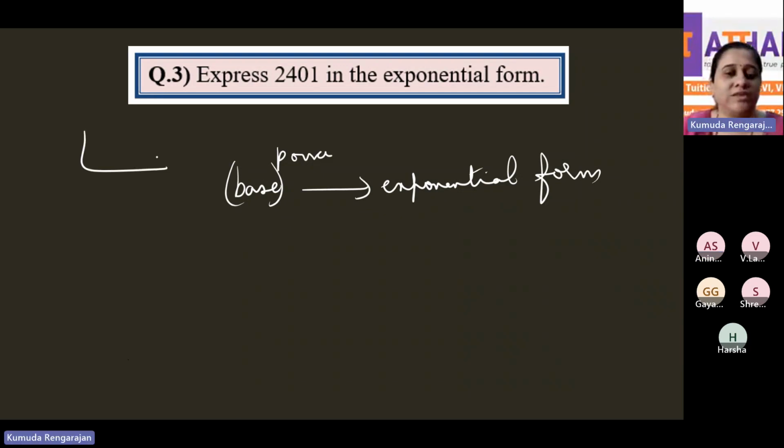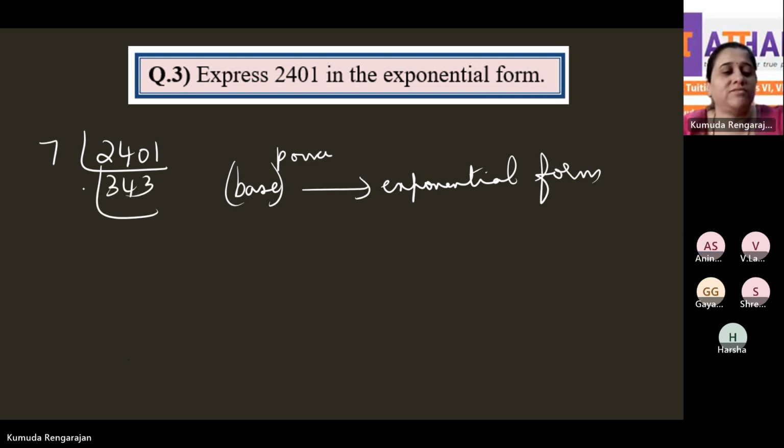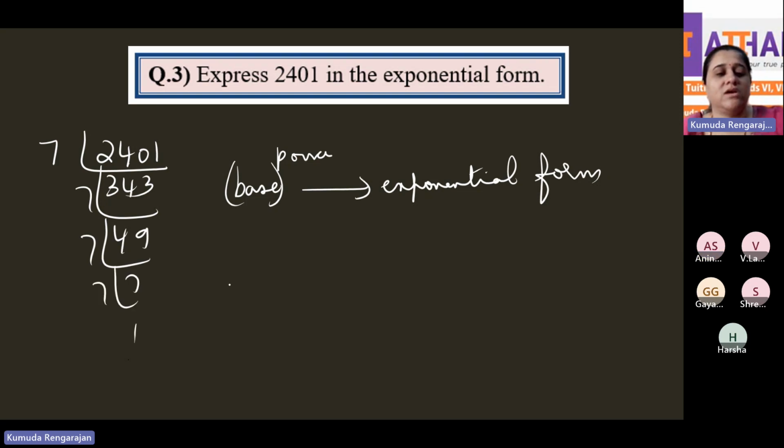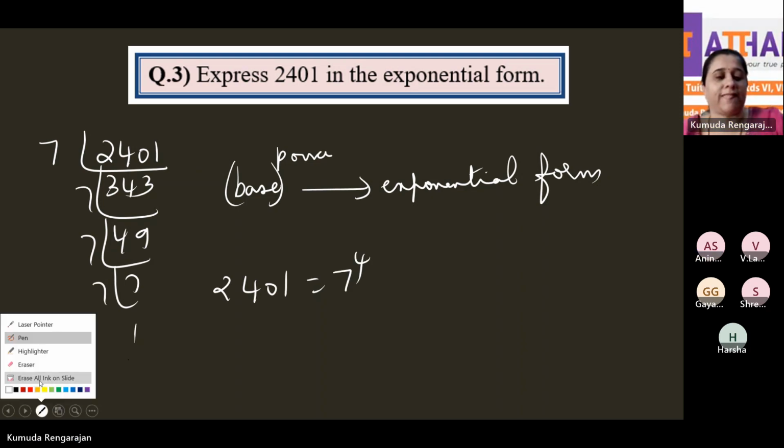Yes, ma'am. So you need to find the prime factors. 2401 is 7 times 343, 343 is 7 times 49, 49 is 7 sevens. So 2401 in the exponential form is 7 raised to the power 4. Ma'am, I thought it would be a part of the divisibility rule of number 2.